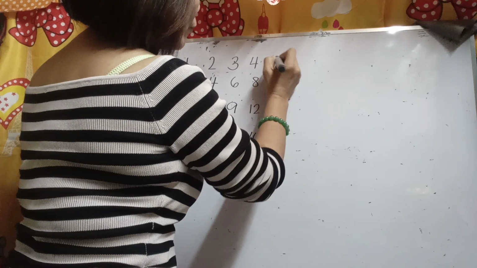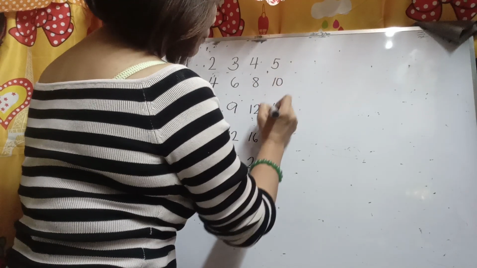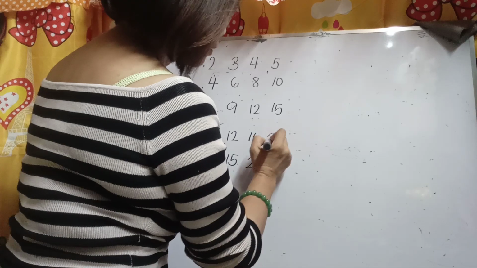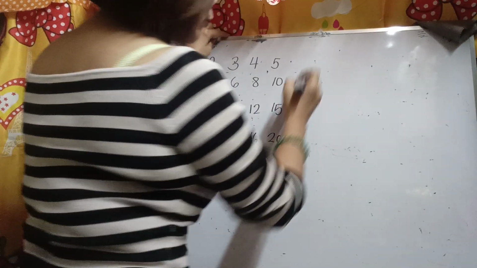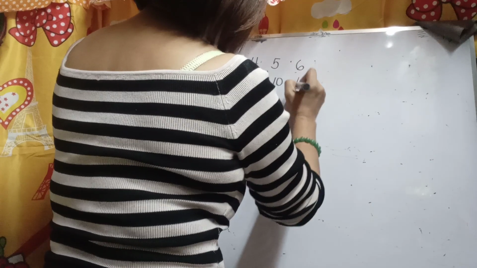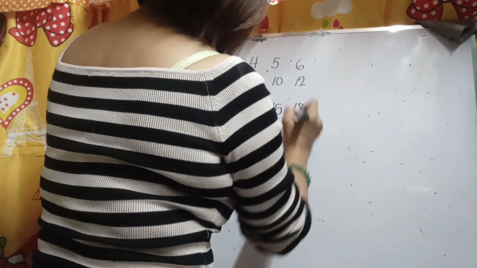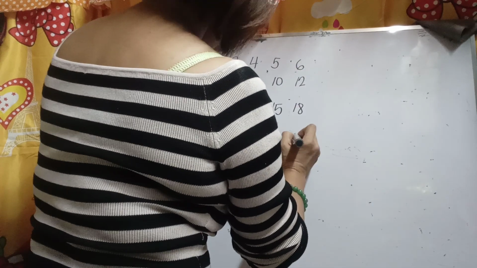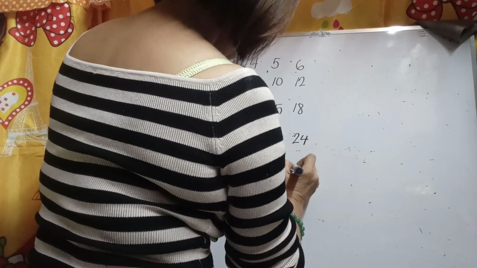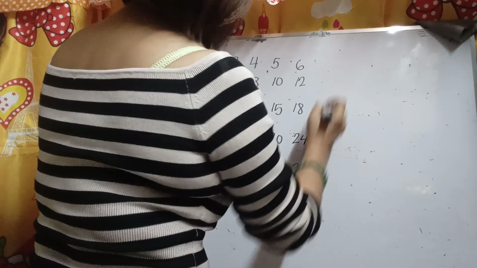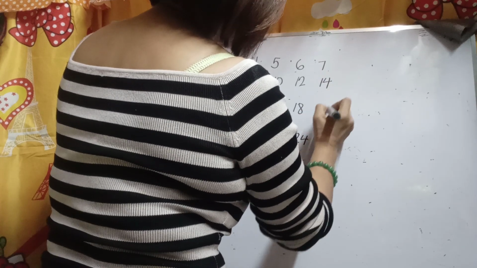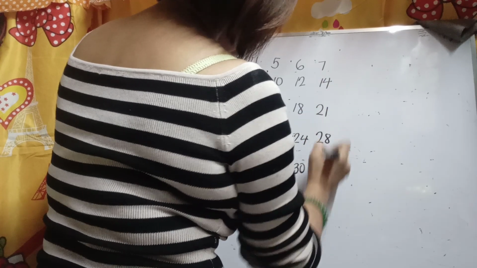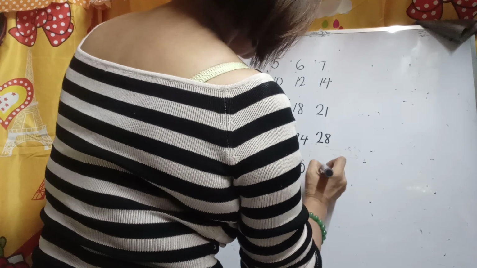And then here we have 5, 10, 15, 20, and then 25. And then here we have 6, 12, 18, 24, and then 30. And then here we have 7, 14, 21, 28, and then 35.